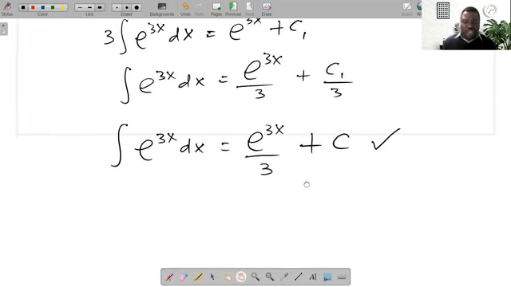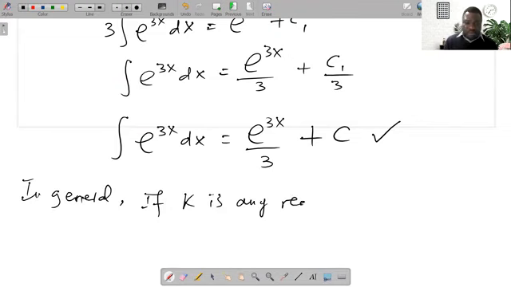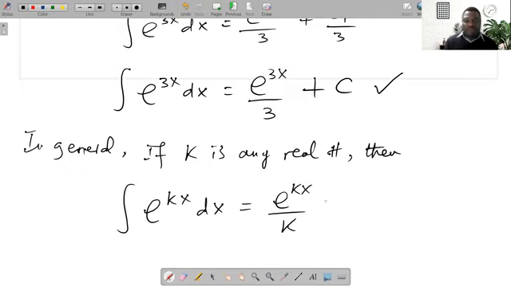So in general, if k is any real number, then look at it carefully. If I have the integral of e to the kx dx, this is the same as e to the kx over k plus some c. This is always true.